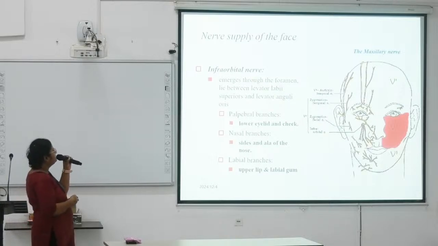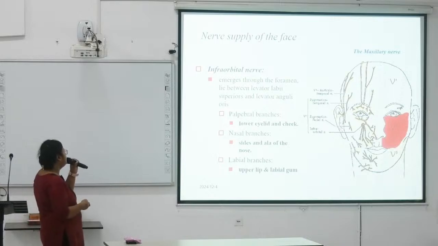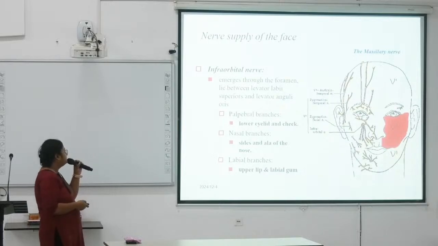Palpebral branches supply the lower eyelid and cheek. Nasal branches supply the sides of the nose. Labial branches supply the upper lip and labial gum.